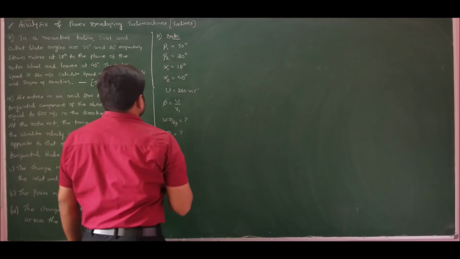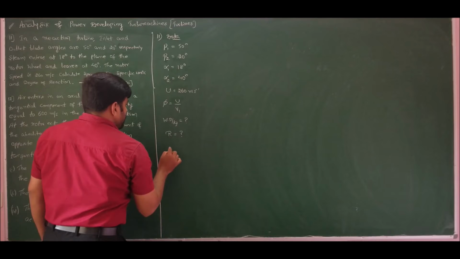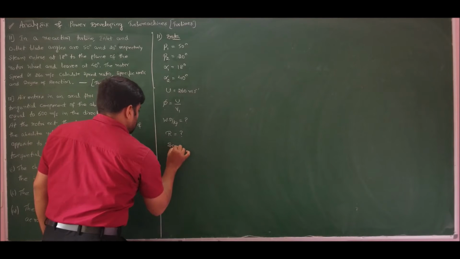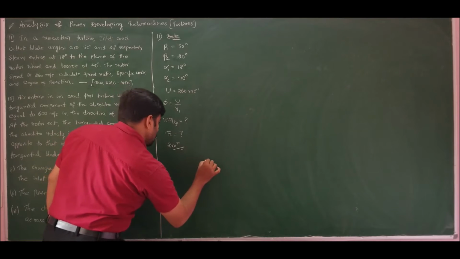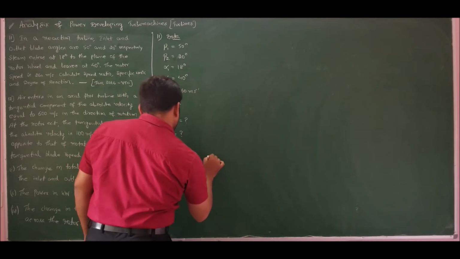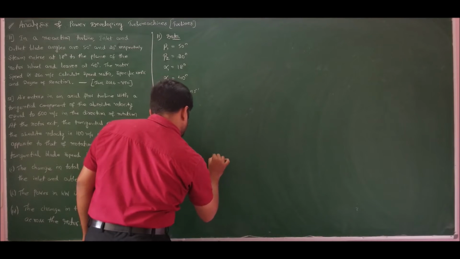Since no alterations are specified, the inlet and exit velocity triangles will be the general velocity triangles.